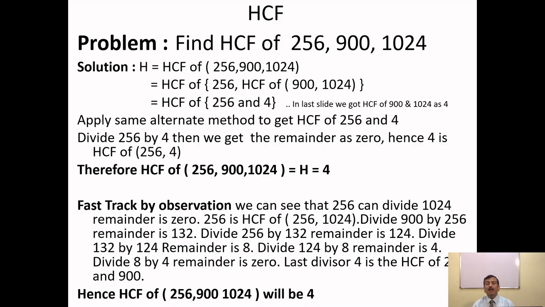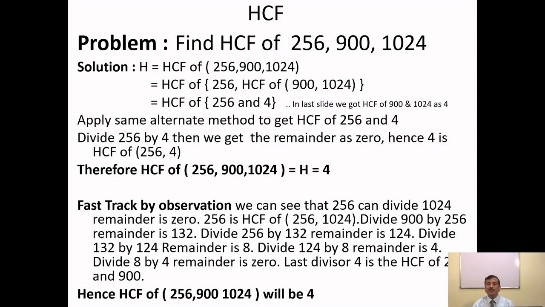Now let's see an extended example, to find the HCF of 3 numbers, 256, 900 and 1024. The concept is very simple. The HCF of these 3 numbers is equal to the HCF of 256 and the HCF of the remaining numbers. So we are reducing the problem. The HCF of 900 and 1024 we already obtained in the previous slide.